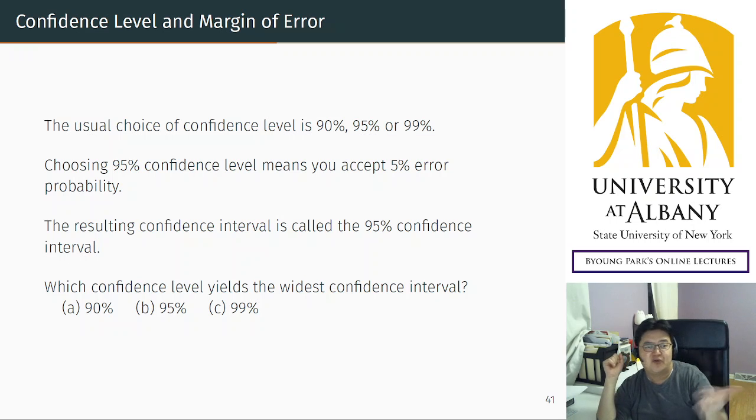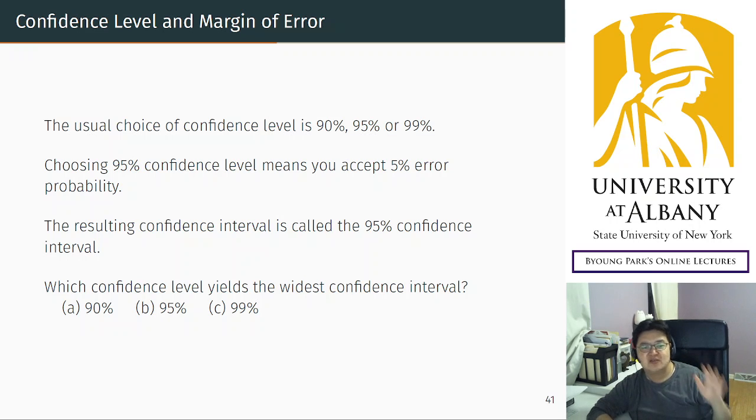If you choose 95%, that means you will make your interval estimator 95% correct, which is equivalent to allowing 5% error. You cannot make it 100% correct.